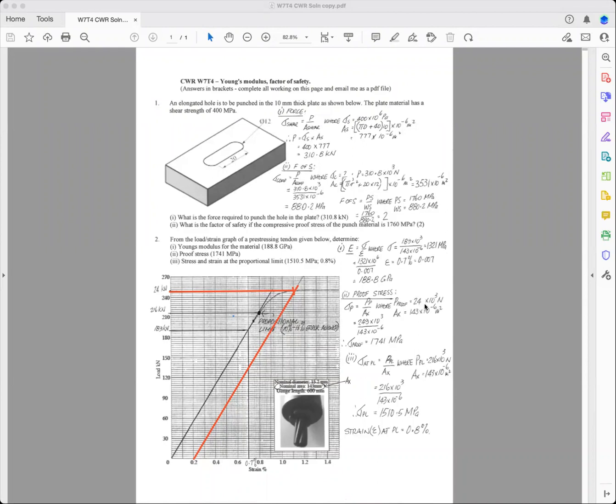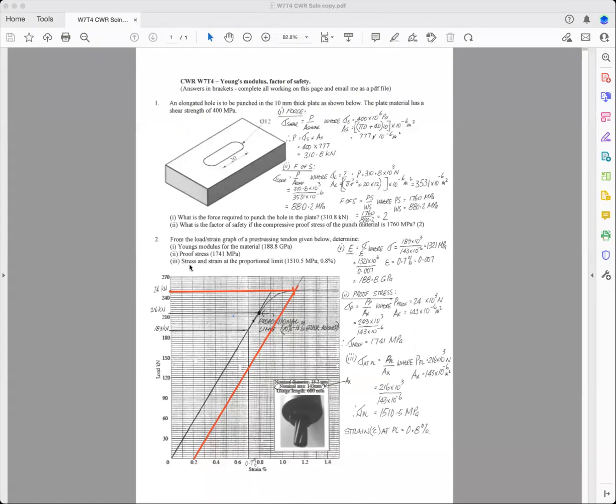It should be 249. I've got it right here. Divided by that, and that will give you what the proof stress is, 1741. Okay, so that's how you get the proof stress. And it's analogous to the yield stress in ductile materials. And this is called progressive yield.